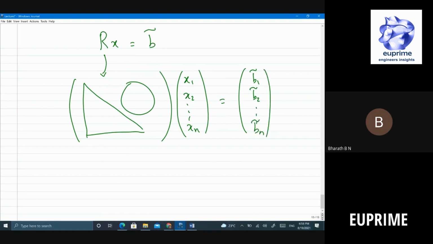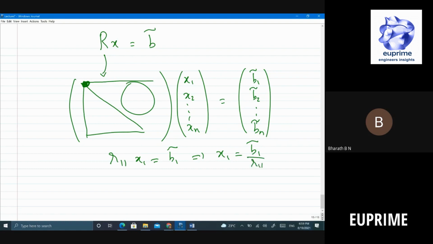So now, when you multiply, what do you get? The first element multiplied by X, there is R11, okay? So there is a number here, so it's not 0. Everything to the right of it is 0. So R11 times X1 is B1 tilde. So X1 is trivial, right? B1 tilde divided by R11.